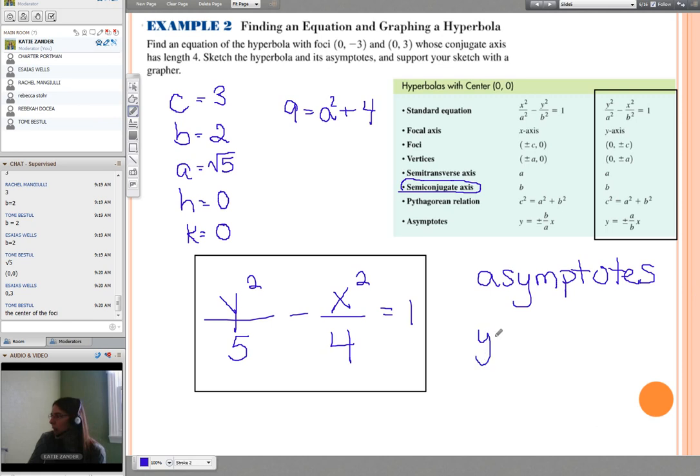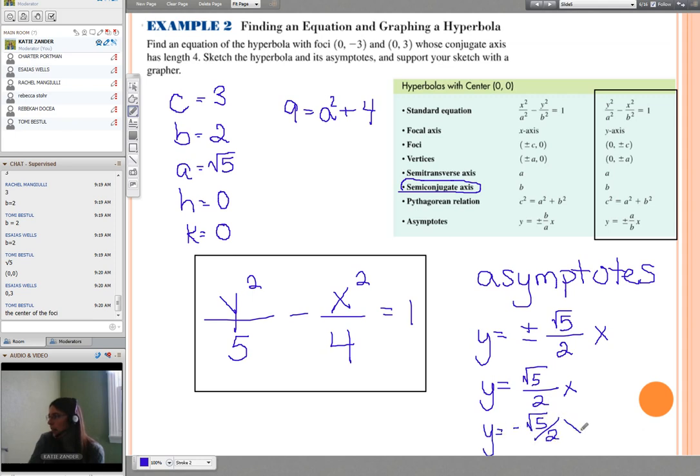You'll have two asymptotes, occurring at y equals plus or minus a over b times x. So technically you will have two lines: y equals the square root of 5 halves x, and y equals the negative square root of 5 halves x. That's what your asymptotes are.